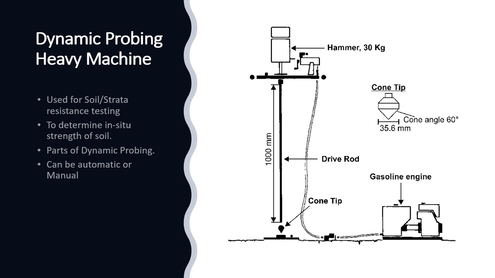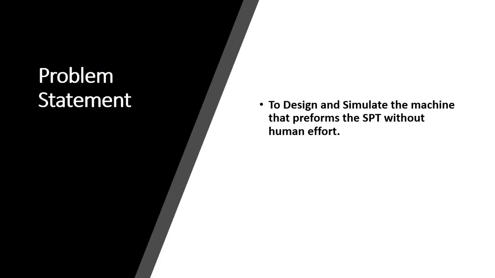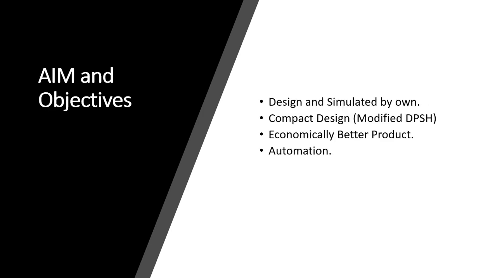So they came to us asking us to design a machine that lifts 63.5 kg up to the height of 0.76 meter automatically, drops it freely, and counts the number of blows and penetration as well. So the main aim of our research was to design and simulate a machine that performs SPT without any human effort.